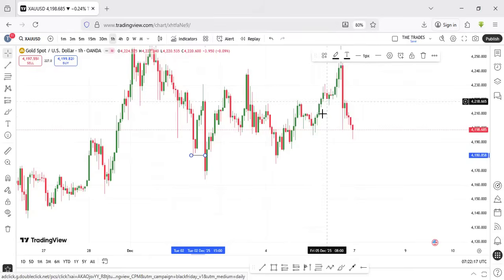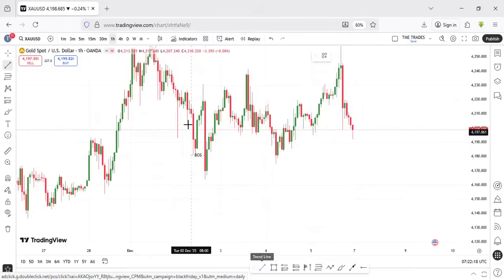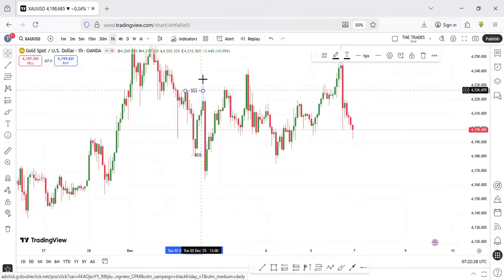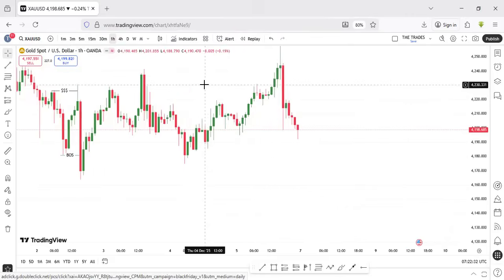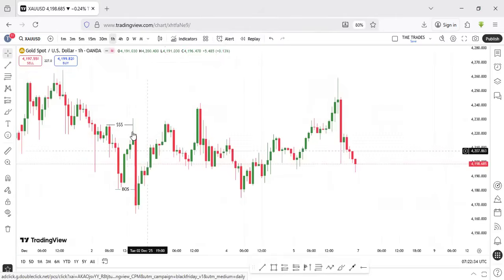Why is it valid? Because we can see that this weak high swept this particular high before that break of structure. Now, since we have this, what we don't want to see right now is market going above this, because anything that goes above it is now going to be a change of trend.